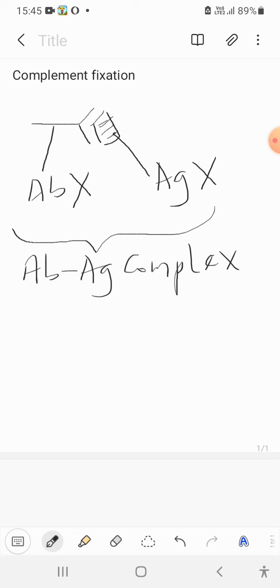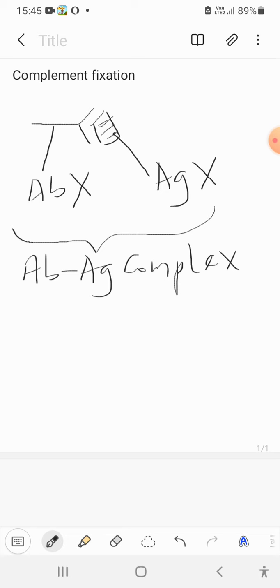You have it ready. Then you take venous blood of the patient and obtain serum from it. The serum should contain the antibody to Salmonella typhi. If you mix the two, since the antibody in the serum is for Salmonella typhi, they are specific, so they will form that complex.